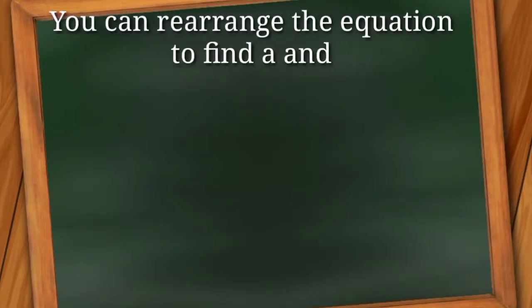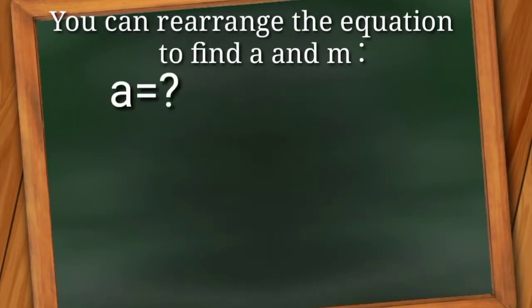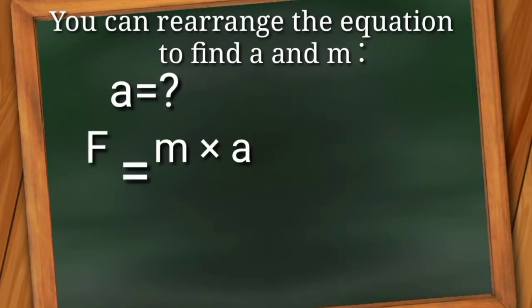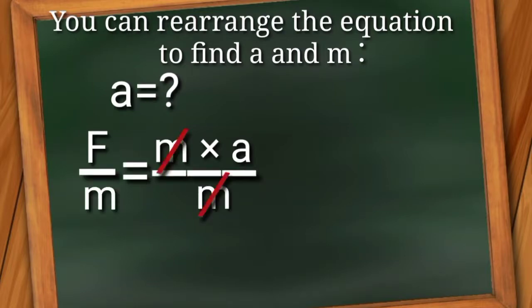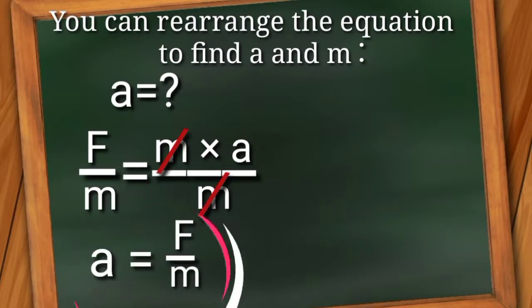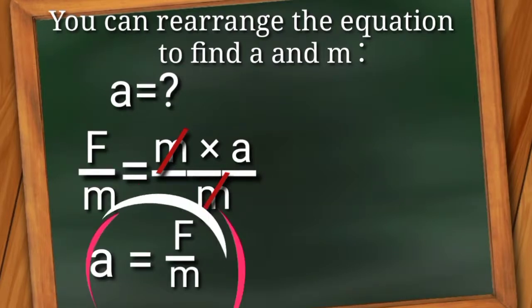You can rearrange the equation to find a and m. In finding a, write down the equation F equals m times a, divide both sides by m, then cancel out m. The final formula for acceleration is a equals F divided by m.